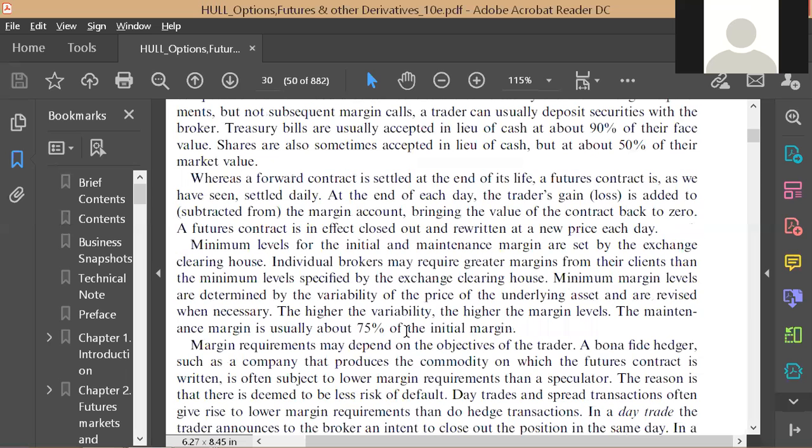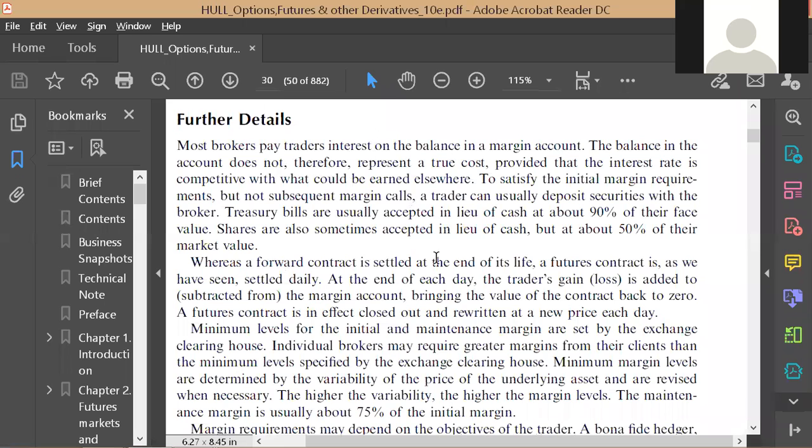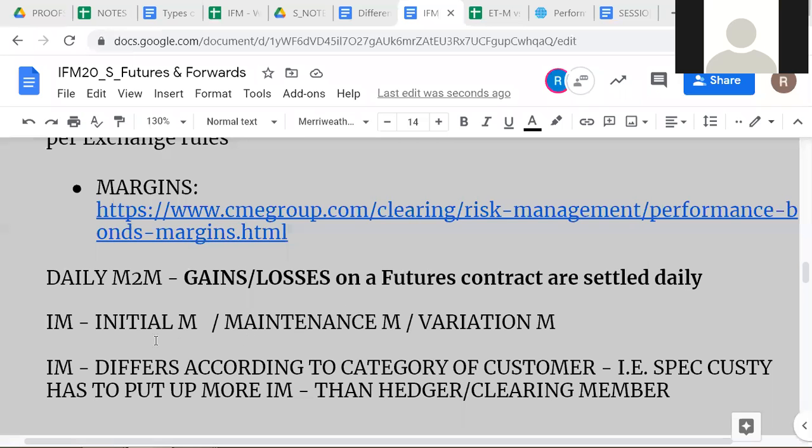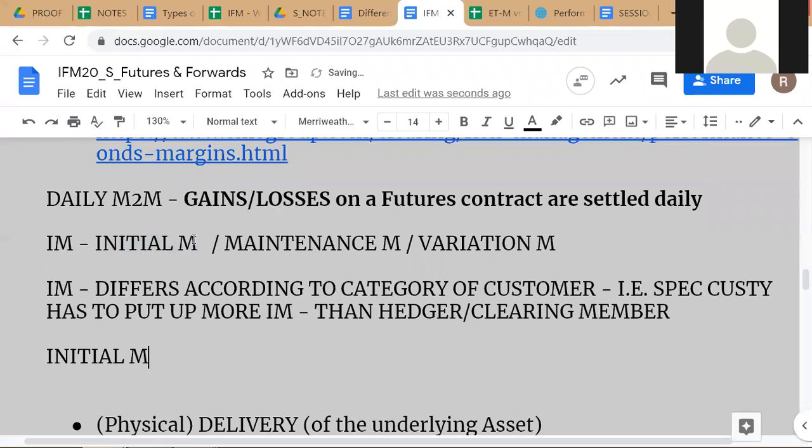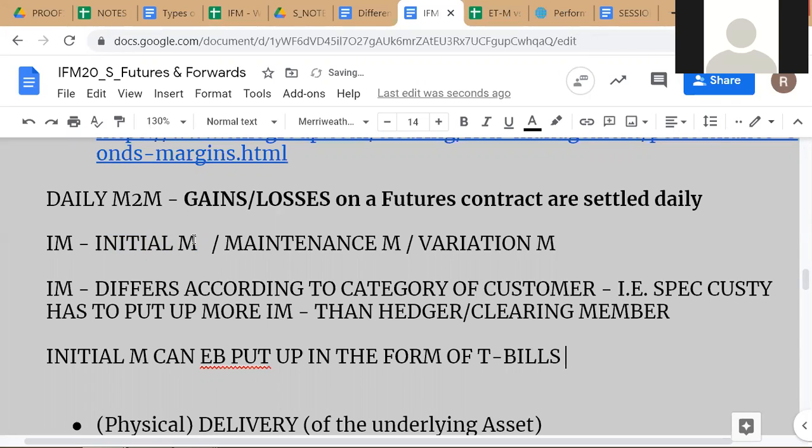So let's talk about this part. The point I wanted to mention here is that the initial margin can be paid in different forms.